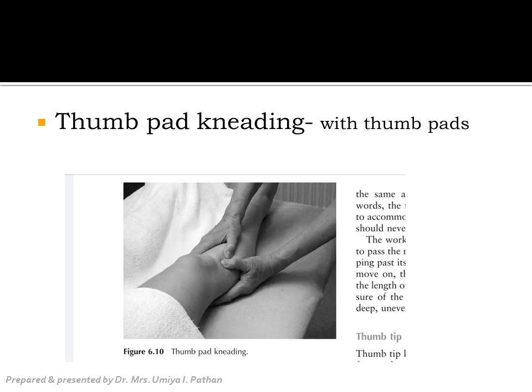Another type is thumb pad kneading. This is performed with the thumb pads. The size of the area to be treated dictates the amount of pad which is in contact with the subject's skin.